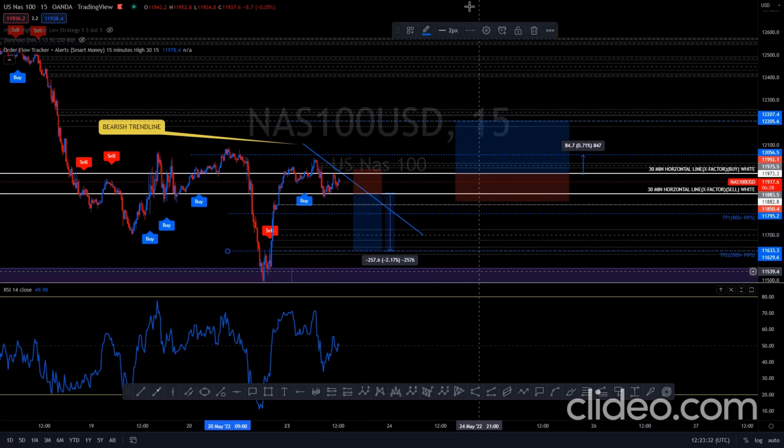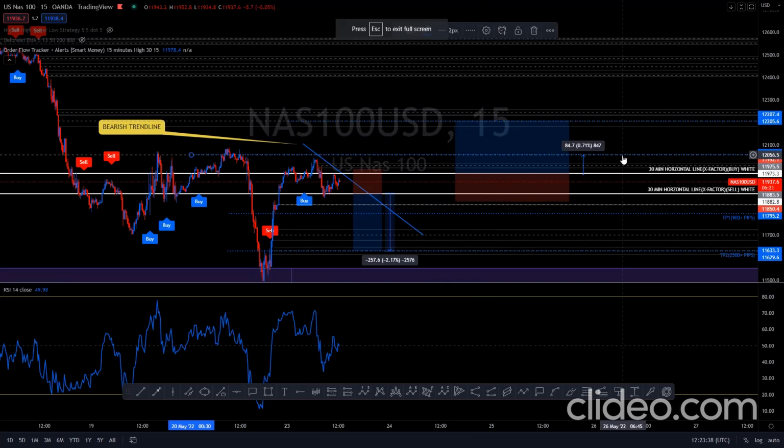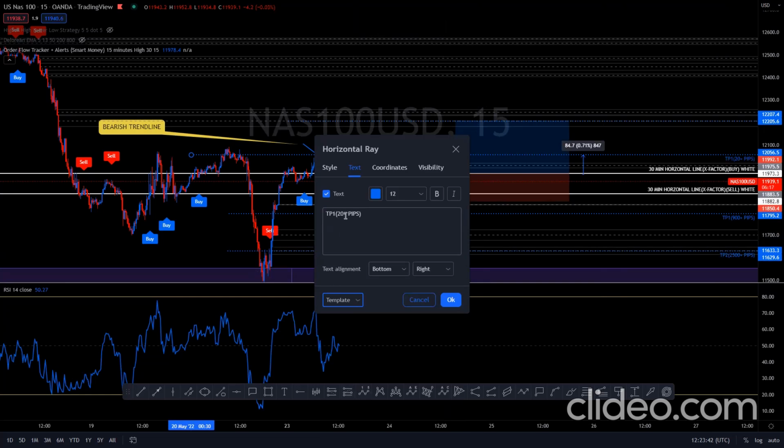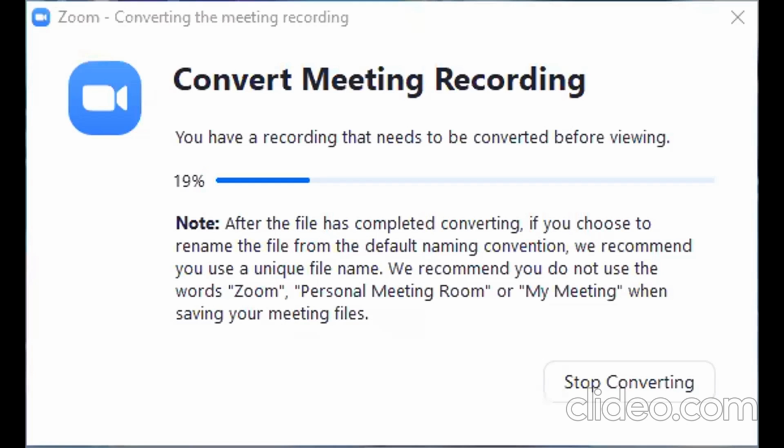All right, let me save my progress, and then this one is going to be 847 plus pips. Sorry about that, guys, my computer went out. So, all right, take profit 2, this is over 2,300 plus pips. So that's why I'm going to label this one.